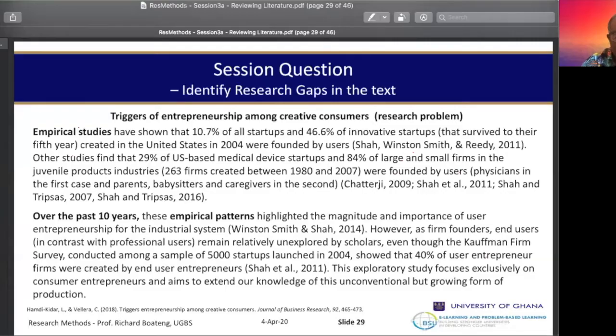And even in this age of social media, it's becoming much easier for them to do so. Okay, so let's continue. This paper was published in 2018.